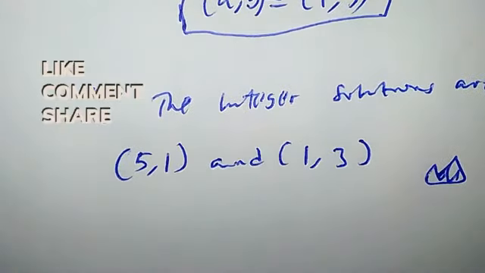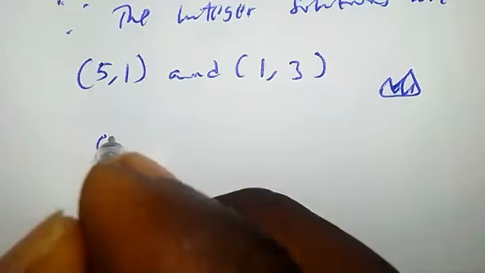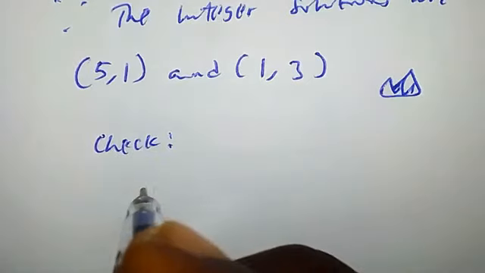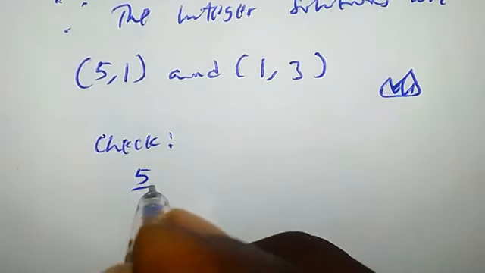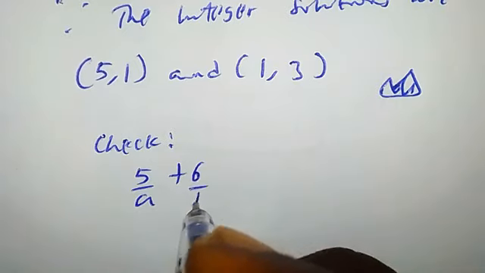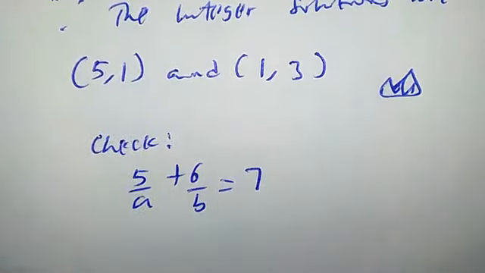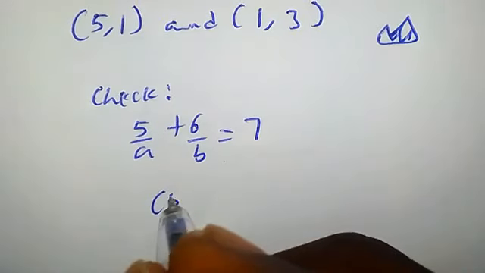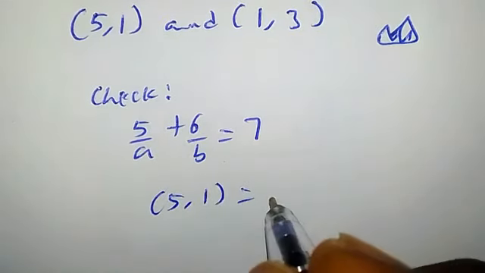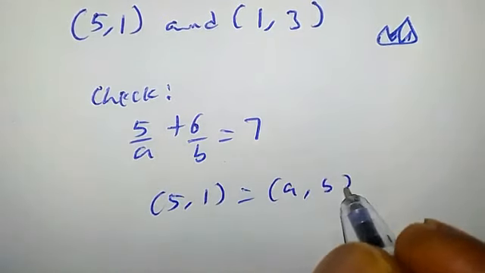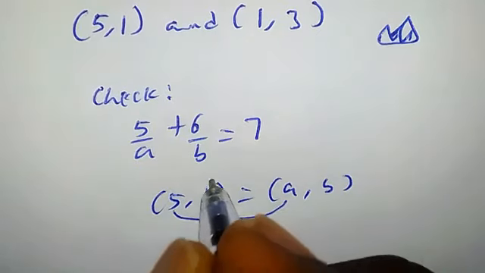You can check if what we've done is right. So let's do that. The original question says 5 over a plus 6 over b equals 7. Let's check the first one, 5, 1, that is when a is 5 and b is 1.